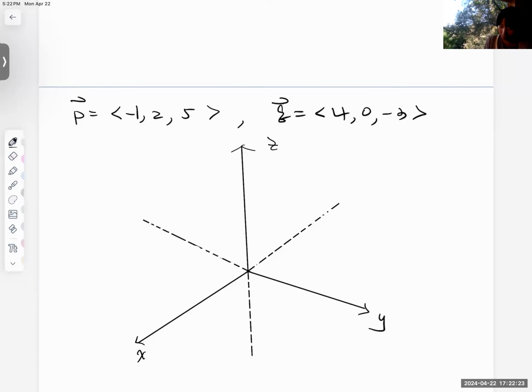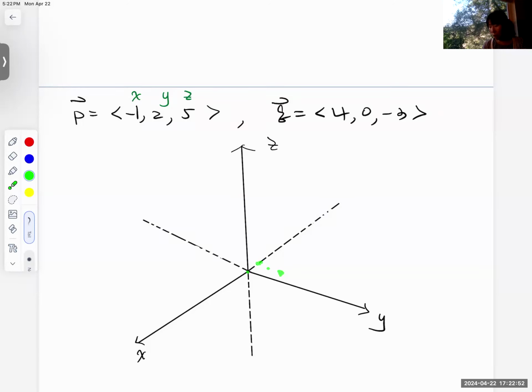That is x, y, z, right? So this is the origin, 0, 0, 0, right? So -1, we're going to -1 here. And then 2, because y is positive 2, right? 2 units. Okay, from the 2 units, we're going up 5 units, right?